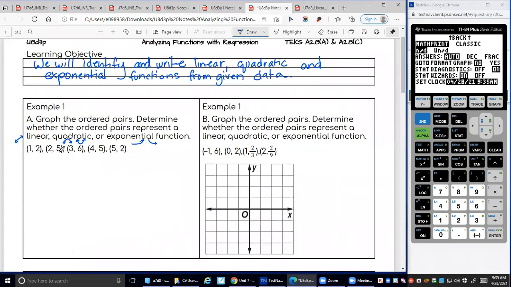Well, I don't see a table here, but I do see a bunch of points. So I'm going to go ahead and make an X, a Y, and make my own table. 1, 2, 2, 5, 3, 6, 4, 5, and 5, 2. Does anybody remember what button I need to hit in order to put a table in my calculator?